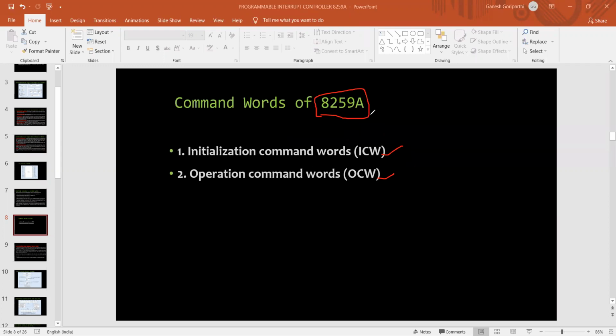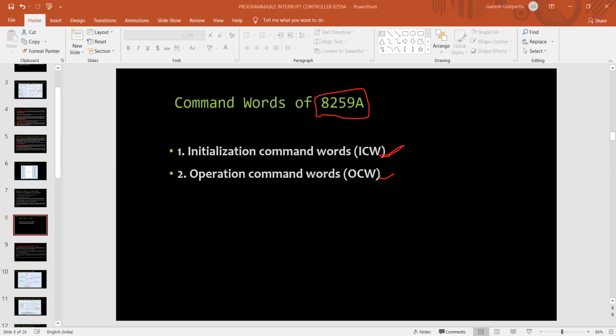That you have to initialize before getting into the actual mode of operation. That initialization of the 8259 will be done by the initialization command word. Hope that is clear to you.